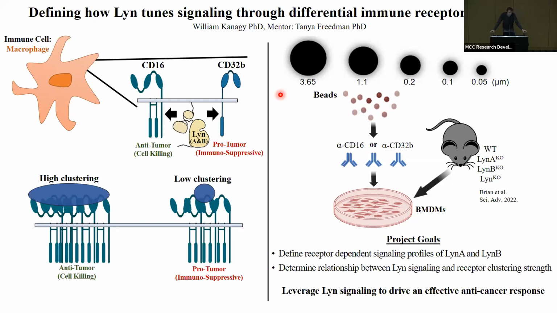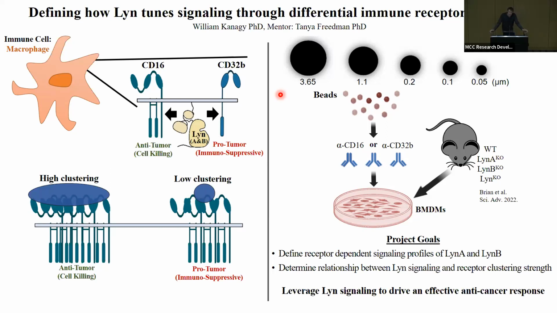Two receptors that are involved in this duality are CD16, which has been shown to promote an anti-cancer or cell killing capability, and the other receptor being CD32B, which has been characterized to promote an immunosuppressive or pro-tumor phenotype. What's really interesting is that both of these receptors are dependent on Lyn signaling. So how does this duality exist?